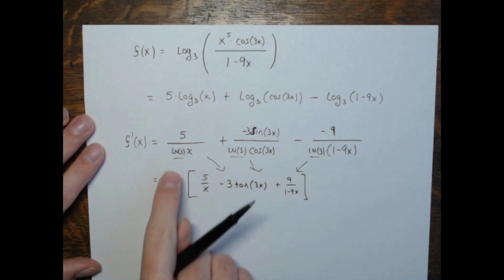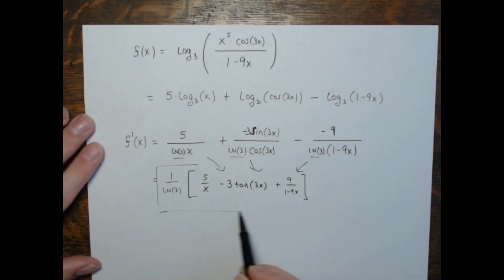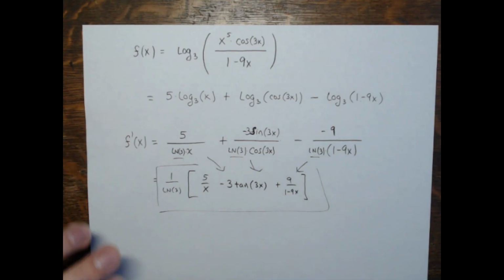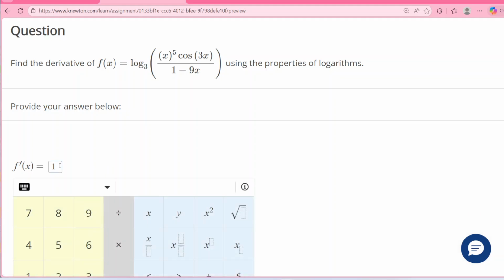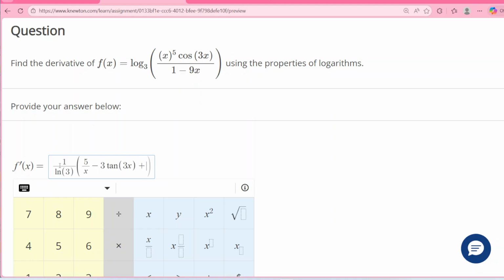So the derivative, again, is 1 over the natural log of 3 pulled out, and then in parentheses the rest of it: 5 over x, then negative 3 times the tangent of 3x, plus 9 over 1 minus 9x. Close the parentheses. That should be good.